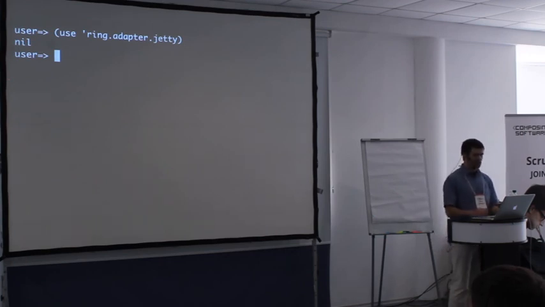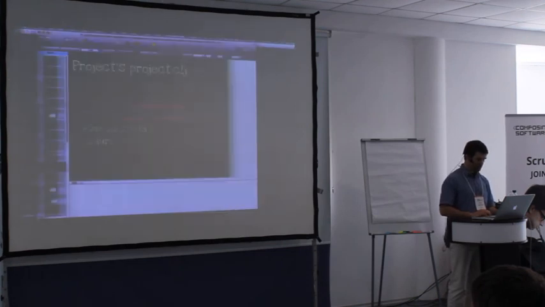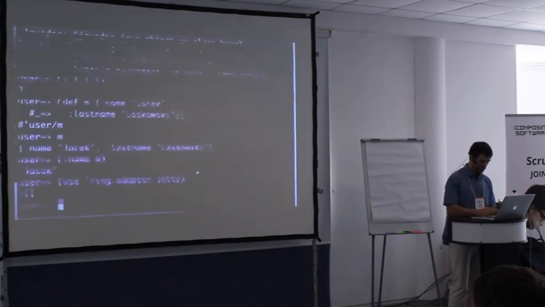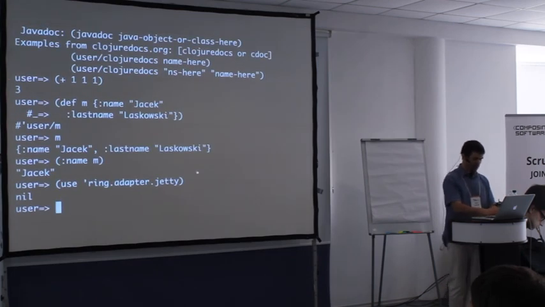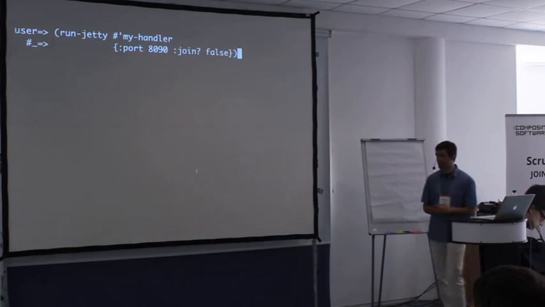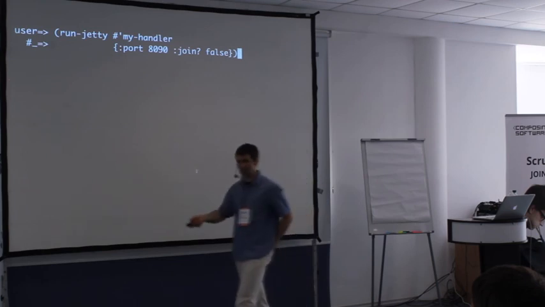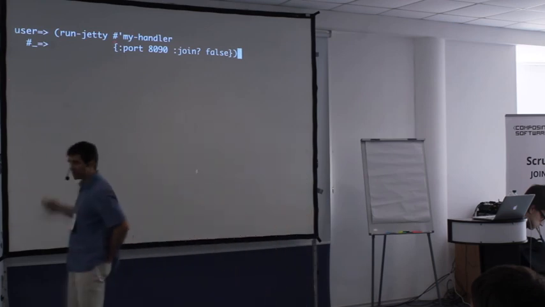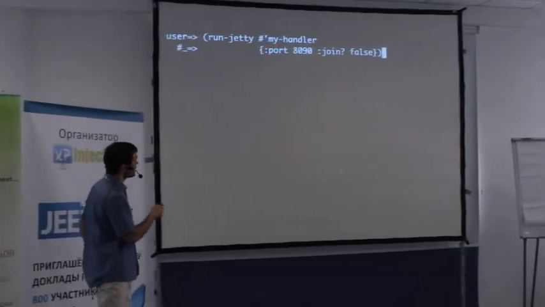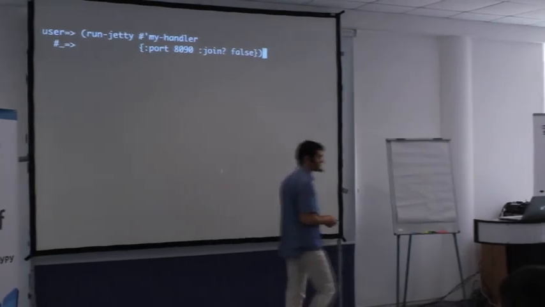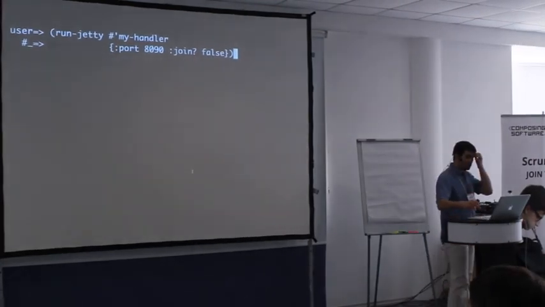So ring adapter jetty gives me something which is called run-jetty. It's a function that's part of this namespace that accepts my handler, we'll get to it, and accepts some options that will let you start the Jetty server.